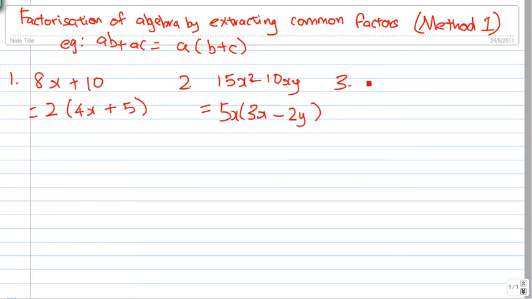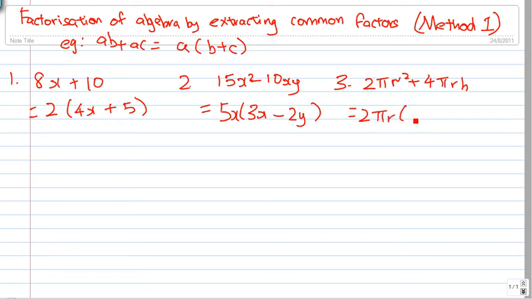Yet another example. Okay, 2 pi r squared plus 4 pi r h. Once again, what's the highest common factor? Look at the numbers first. What's the highest common factor? Highest common factor is 2. Any others? Yes, pi is a common factor as well as r.